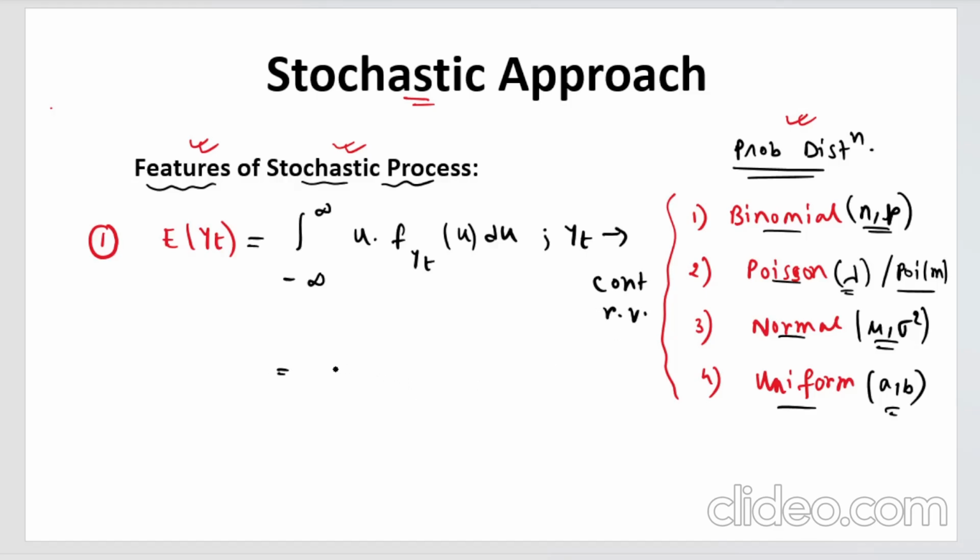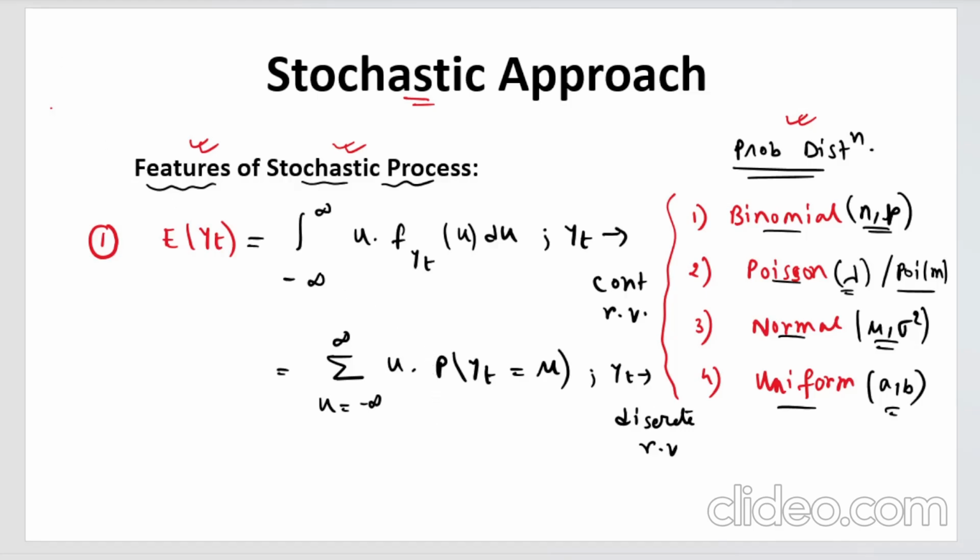Or when yt is a discrete random variable, you have u into probability yt equals u, right? And when will this happen? When yt is discrete in nature.